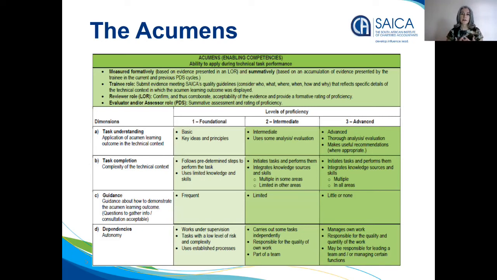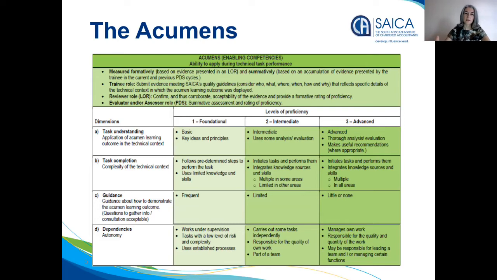Now, we know as professionals that we do consult with our colleagues. We do ask questions for information. That is not guidance in the context of the Acumens. Guidance means somebody had to tell the trainee how to actually demonstrate the Acumen. They had to tell them how to build the relationship. They had to tell them how to resolve the conflict.